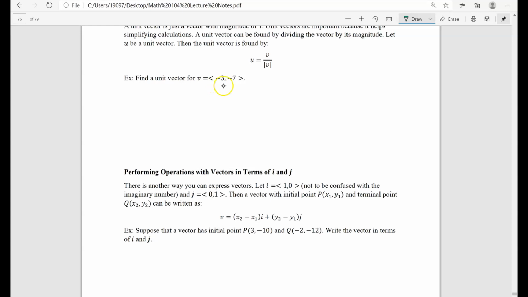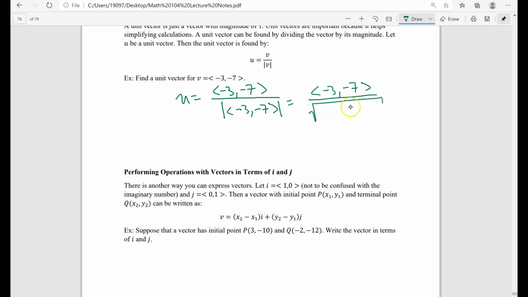So what you're going to do now to find this unit vector u is you're going to take this guy and then divide it by the magnitude of <-3, -7>. Okay? So you're going to have <-3, -7> divided by the magnitude of this guy, which is the square root of -3 squared plus -7 squared.